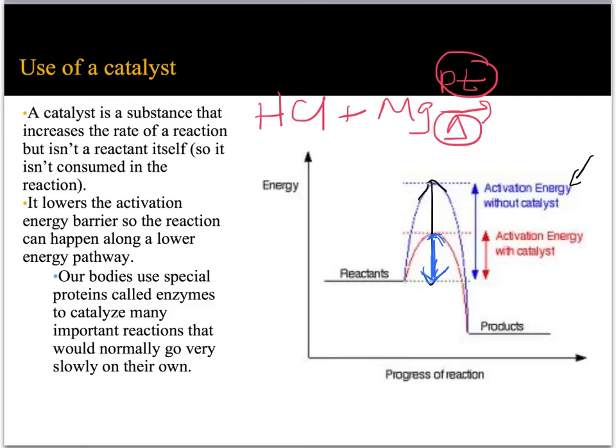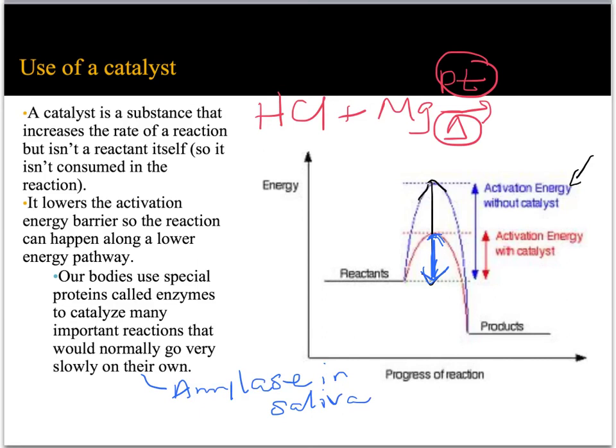A great example of use of catalysts is actually in our bodies. Our bodies use special kinds of proteins called enzymes to catalyze many important reactions that would normally go really slowly or not at all on their own. A great example there would be amylase, which is in your saliva, which begins the digestion process, actually.